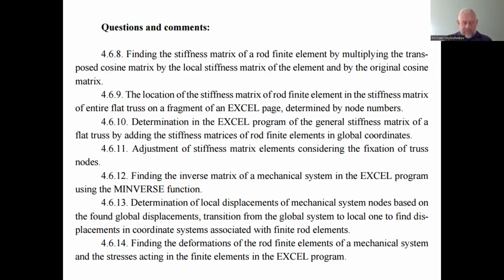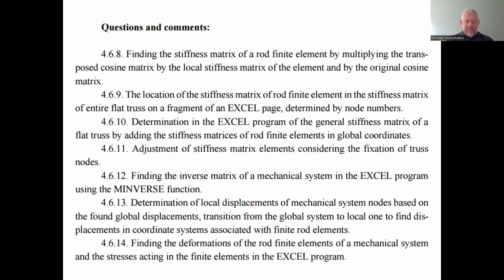First, we have to find the product of the vector of displacements of the mechanical system nodes in the global coordinate system by the cosine matrix. Not the transposed, but the usual cosine matrix. And we will have the vector of displacements in the coordinate systems associated with the rod elements, that is, in the local coordinate systems.